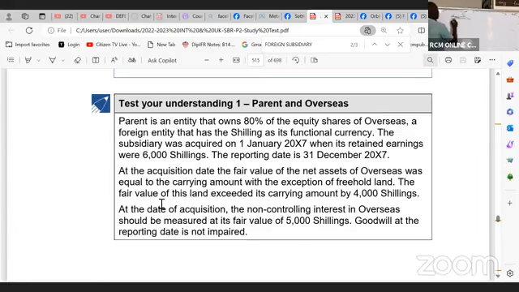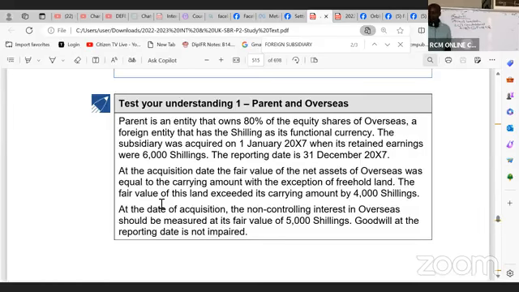So then I'll look at the parent consideration. I have NCI's consideration at acquisition. So this will be NCI's fair value at acquisition, which they have told me.